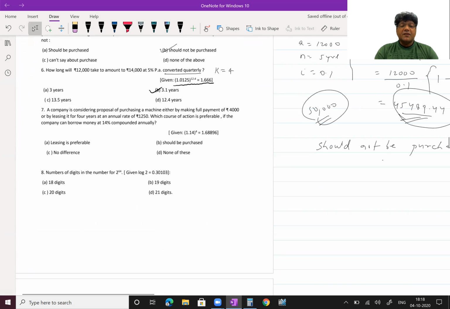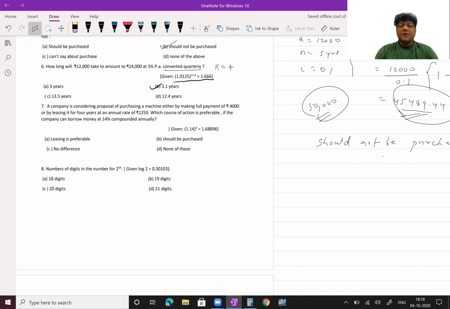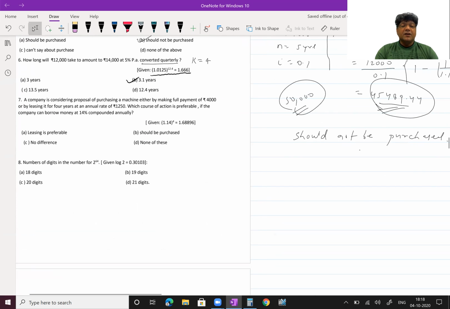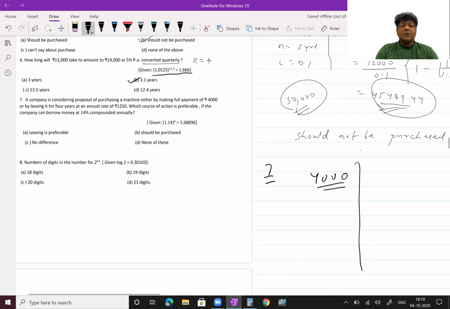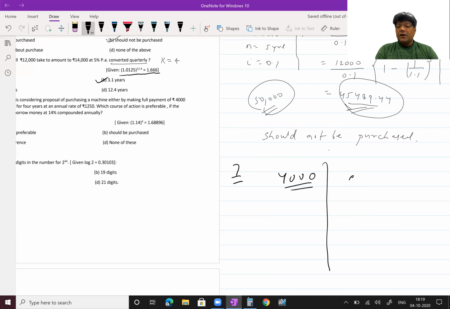Question number 7. A company is considering a proposal of purchasing a machine either by making full payment of 4,000. Guys, similar type of question, number 5. Full payment of 4,000 means today's value 4,000. 4,000 will be the outflow. By leasing it for 4 years at an annual rate of 1,250. So annuity value 1250, n is equal to 4.